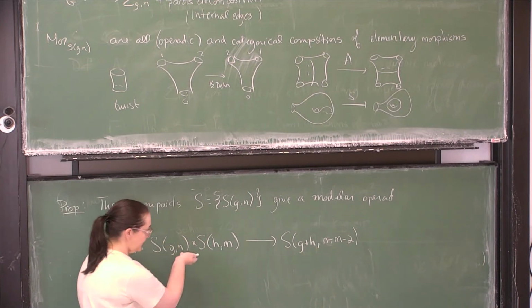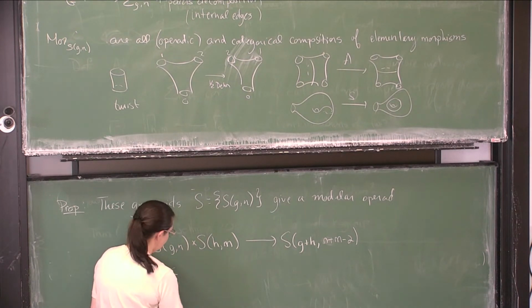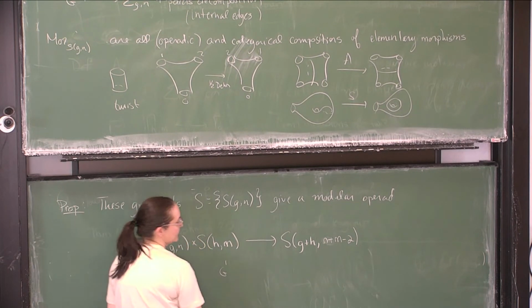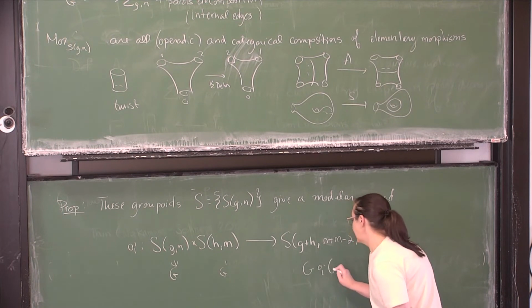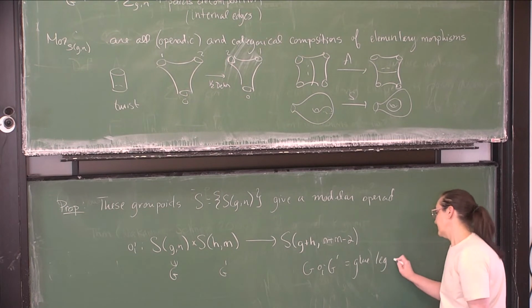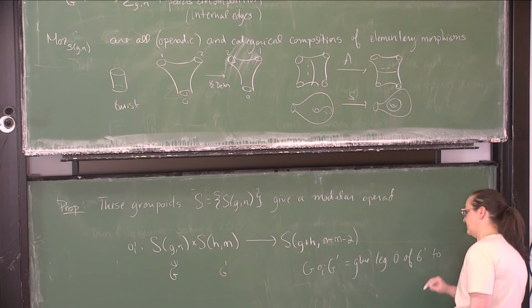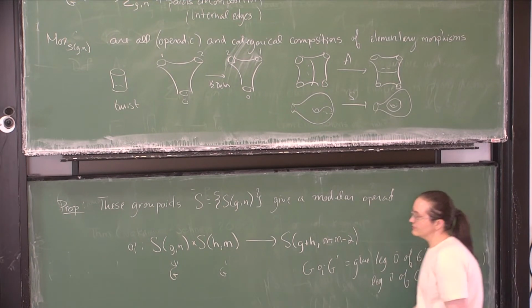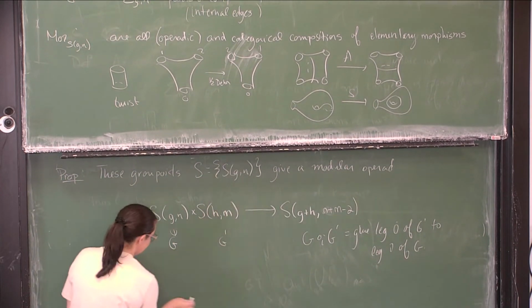So this is a functor, and on objects, this is given by gluing. I take G in here, and G prime in here. When I write G prime, I mean glue leg 0 of G prime to leg i of G. And I also have contraction morphisms.